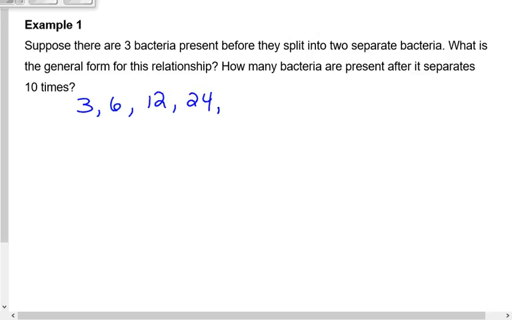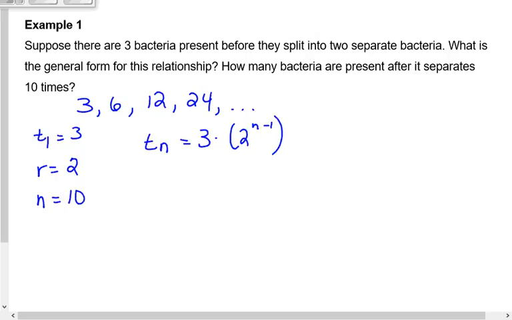So our first term equals 3, our ratio would equal 2, and the number of terms that we're looking for in this case is 10. So let's substitute this in. Our general form would be given as 3 multiplied by 2 to the power of n minus 1. Okay, this is the general form.